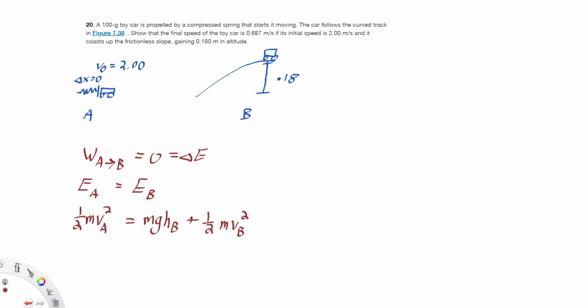Alright, so we can cancel an m out of everything, and then maybe move this g h_B term to the left-hand side of the equation. So one half v_A squared minus g h_B equals 1/2 v_B squared.